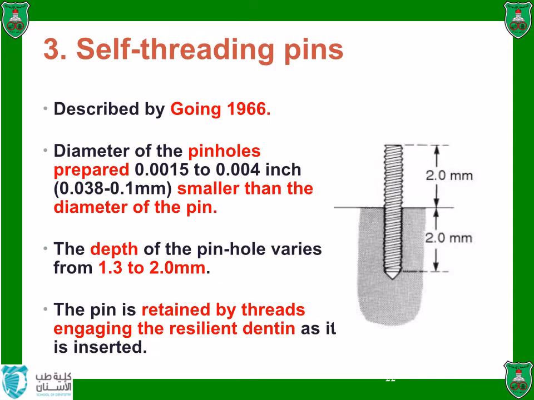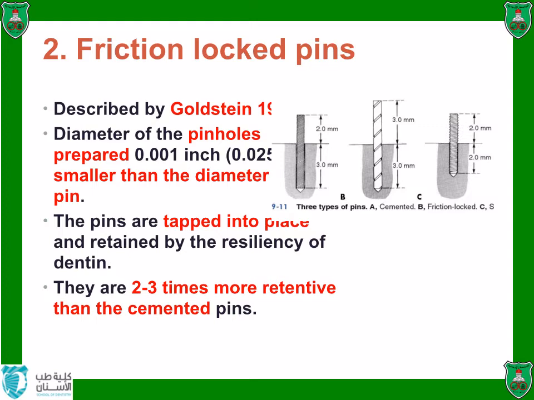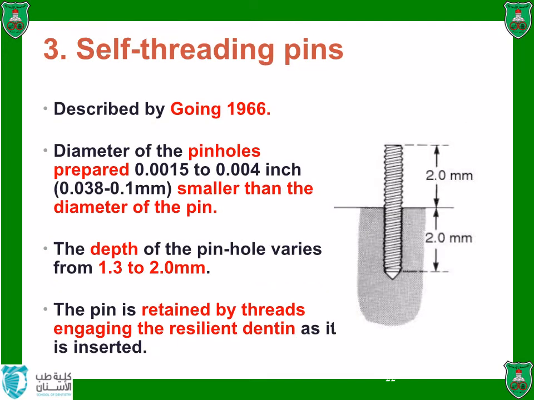Now, the more retentive type of pin than the friction lock is the self-threading pins. Those also were described in the same year, 1966, by Goin. The diameter of the pin hole is also smaller than the pin itself. It is retained by threads that will engage the resiliency of dentin.